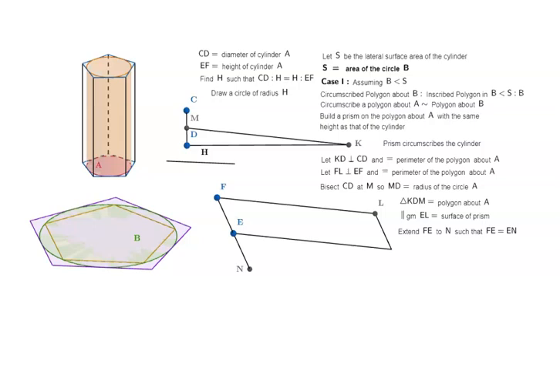So basically what have we done here? The parallelogram EL is equal to the surface of the prism. We want to work with a triangle whose area is equal to this parallelogram, because this represents the surface of the prism.